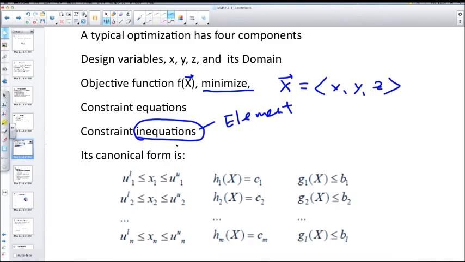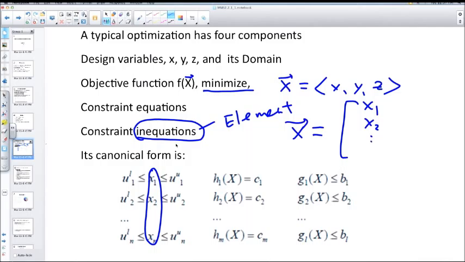The canonical form: you have n variables, x1 all the way to xn. You can write them as one column vector. N could be 2, 3, 4, depending on the complexity of your question.